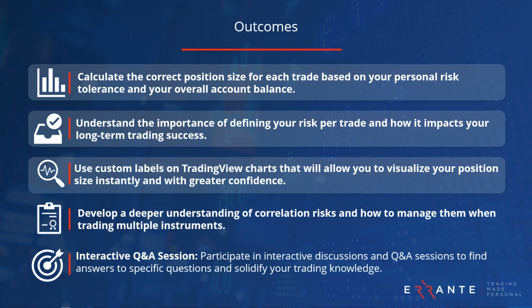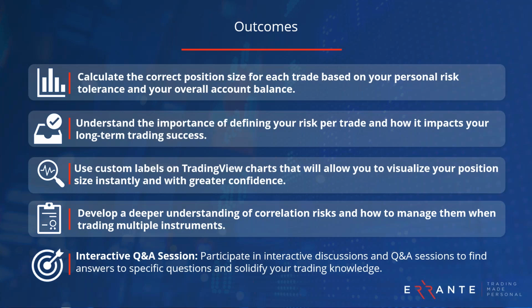And also you will learn how to identify correlations among different trading instruments if we have enough time, and allocate risk accordingly. Of course, we are going to cover that as well, so that would help you to avoid inadvertently doubling exposure.